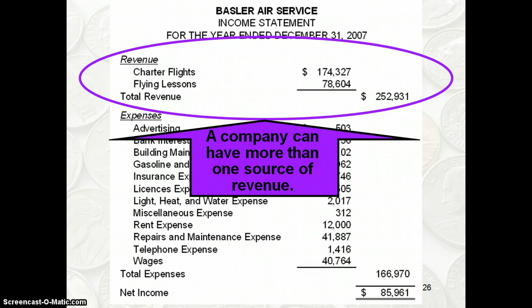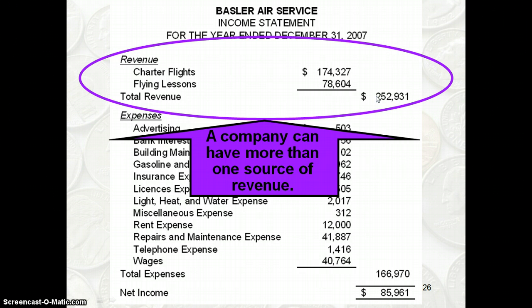These values are coming from the T-charts or the ledger accounts. They're the circled final amounts. Then you're going to do a total revenue. You're going to add up the different ways the revenue is being made and then have a total value. That total value you will place in the second column.